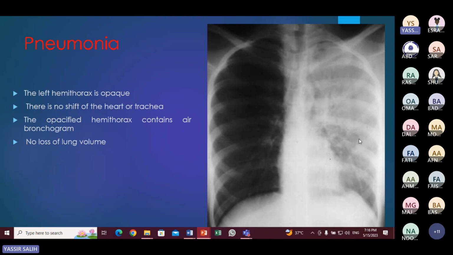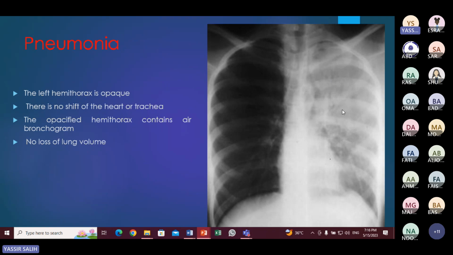ونشوف الأوباسيتي ونشوف اللانج فوليوم يعني the affected part, it gets small or increased in the volume. In this one there is opacity with air bronchogram. Do you see the air bronchogram? Yes. الخطوط السوداء دي يسموها air bronchogram اللي هي bronchus containing air within the opacity. الباك جراوند كله بيبقى opaque لكن في some air within the bronchus.